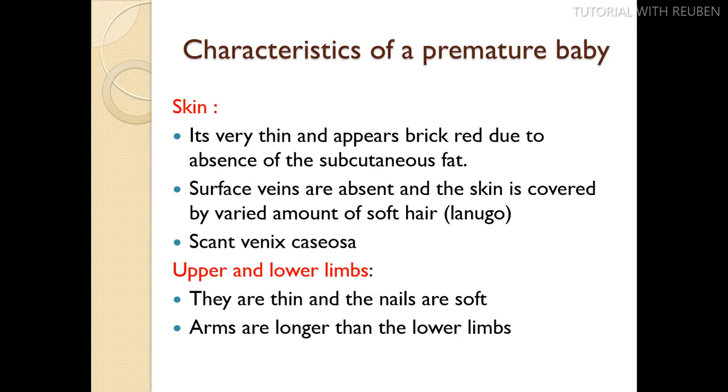So that soft hair, we call it lanugo. Then you're going to notice that on the skin of the baby there is vernix caseosa. The vernix caseosa is just that whitish thing that you're going to notice on the baby's skin when the baby is born.